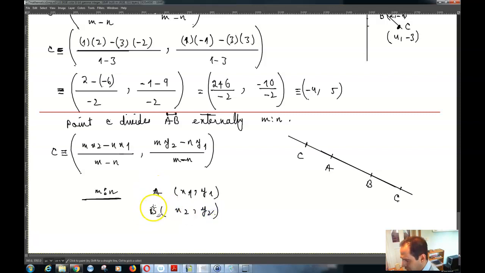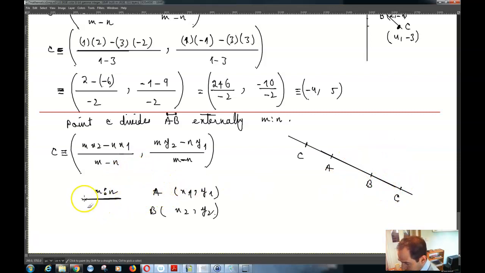And then you will get some point outside, some point on the other side of B, basically.